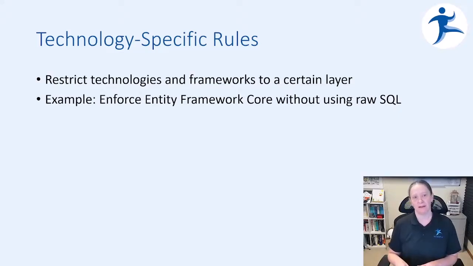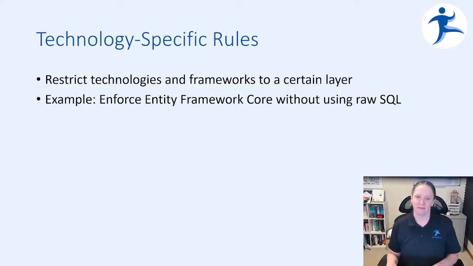Now a question I've gotten as I talk about these rules is, when do you know what rules to include and when do you know what rules to not even worry about? And it's going to all go back to, well, I'm not wearing the shirt today, but to my other Nimble Pro shirt, which says, it depends. The depth of the rules that you write for your architecture tests is going to depend on what you want to really enforce.